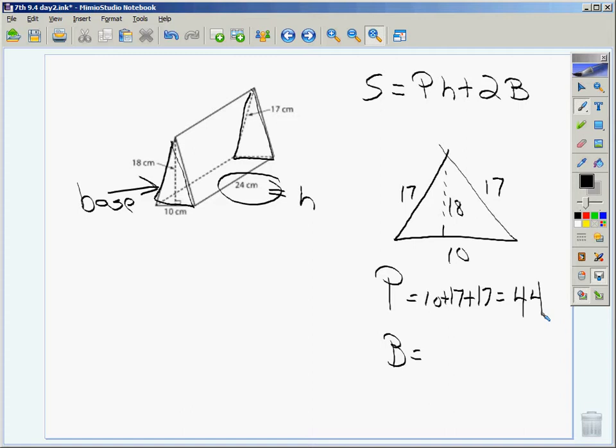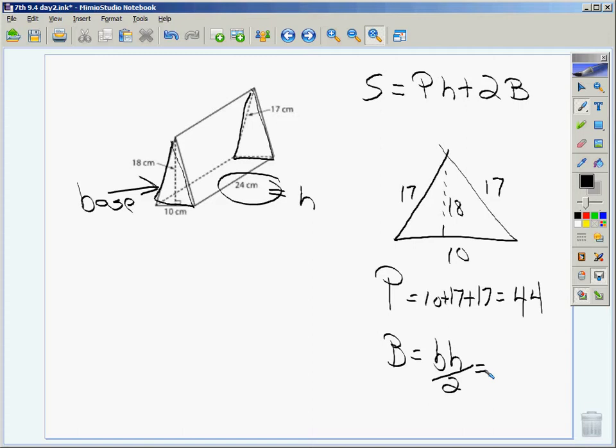How do I find the area of a triangle? Base times height divided by 2. Understand that this base and this height is the base and the height of the triangle. It has nothing to do with the height that was over here in the prism. I've already set that aside.